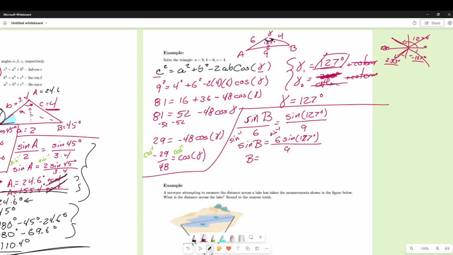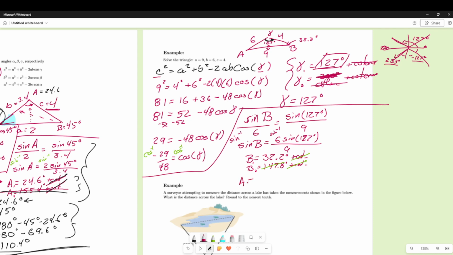And that's going to give us 32.2 and 147.8 degrees, plus all the coterminals. But because we know it's got to be the acute angle, we can ignore everything except that nice principle. So great, we have B. So now we know that B is 32.2 degrees.